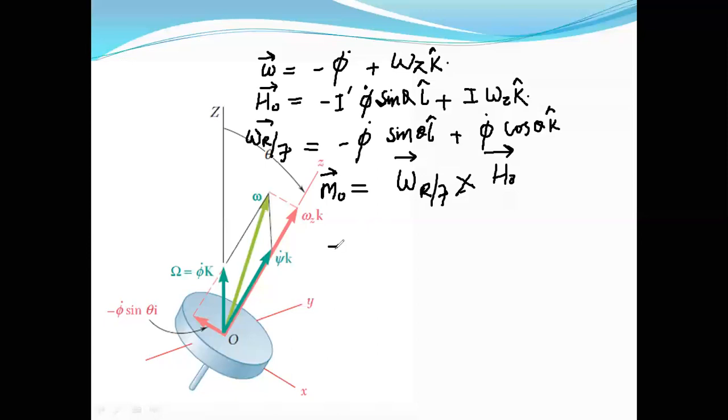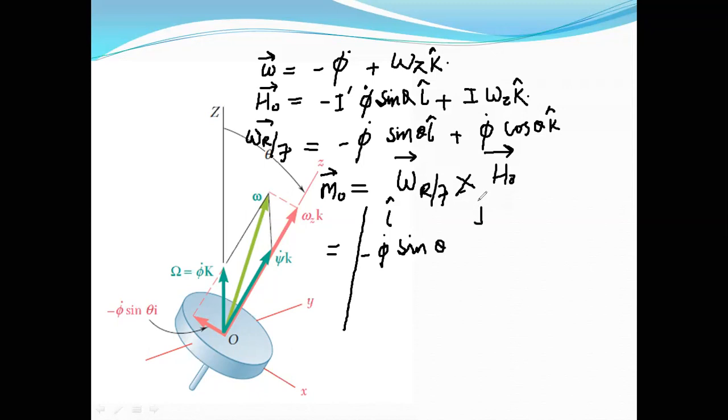If we open this up, to solve these matrices, we can write I cap, j cap, k cap, and beneath I cap, omega's I component is minus phi dot sine theta.